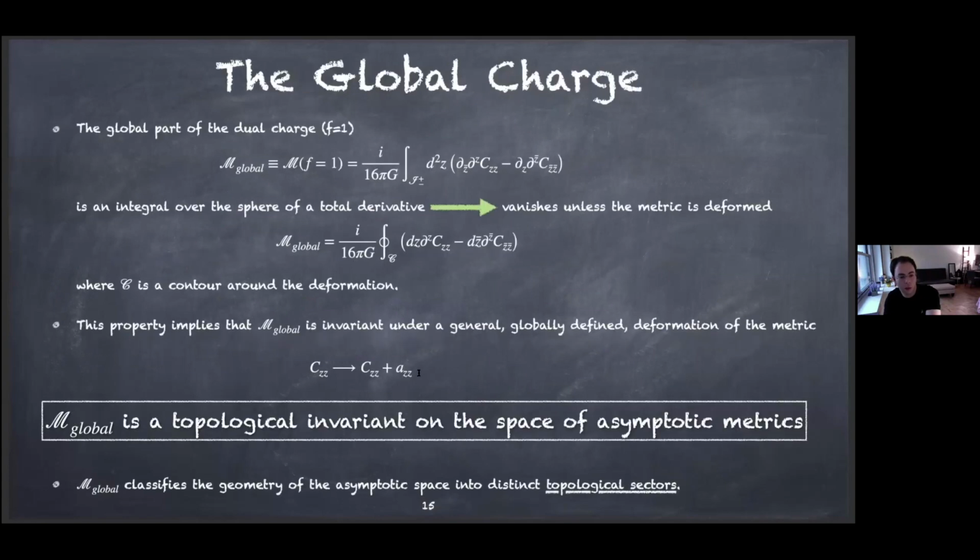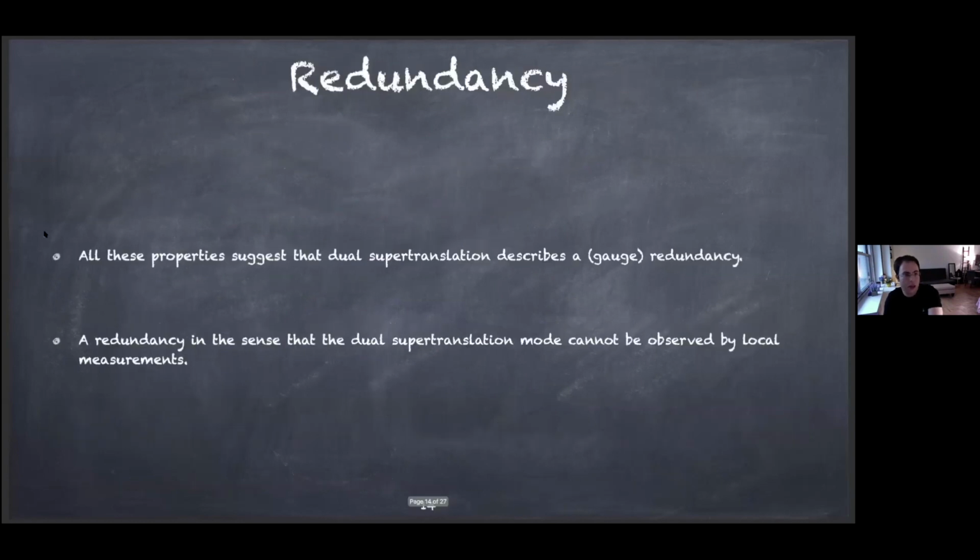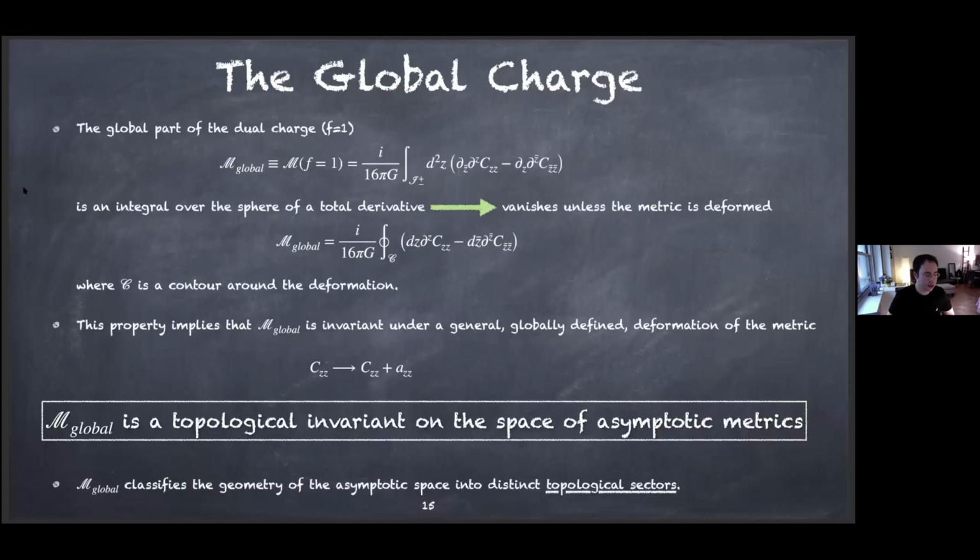One more important property before I show an example is the global part of the charge, which is the part of the charge with f equal to 1. When we set f equal to 1, the dual supertranslation charge is an integral on the sphere over a total derivative, and therefore it vanishes unless the metric is deformed, in which case it will take the form of a contour integral around the deformation.